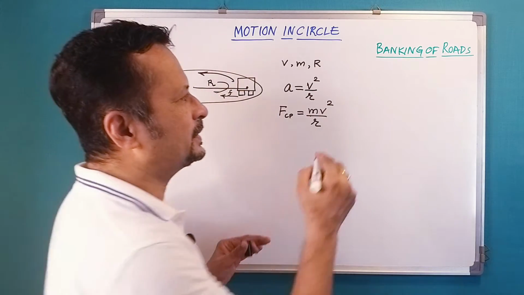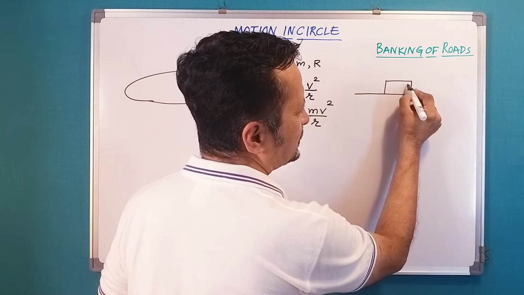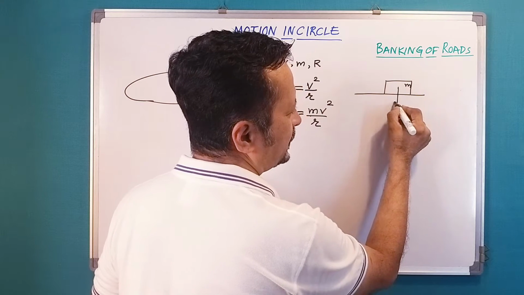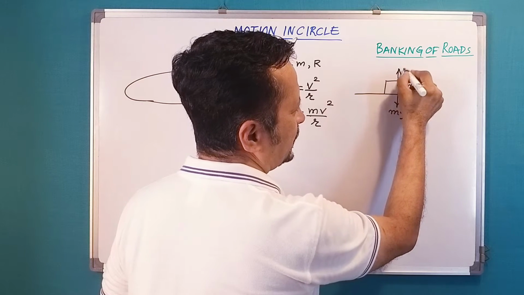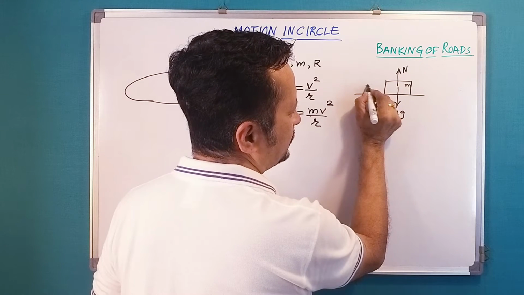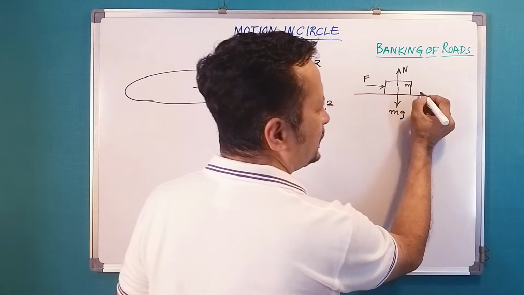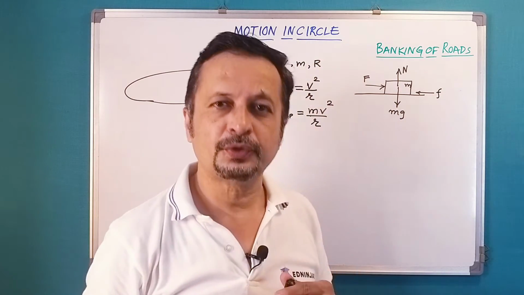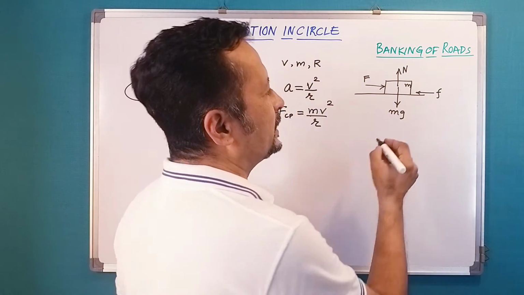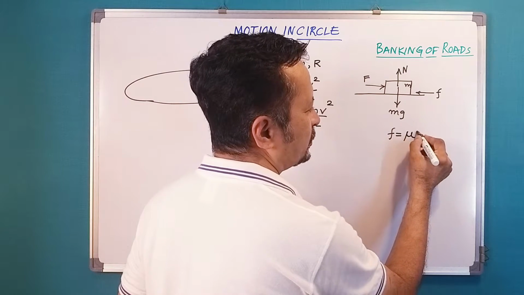Now we know that if we have a mass m here, then the weight is mg, the normal force is N, and if this is the applied force F, then friction acts in the opposite direction. The magnitude of this frictional force is equal to mu times the normal force.